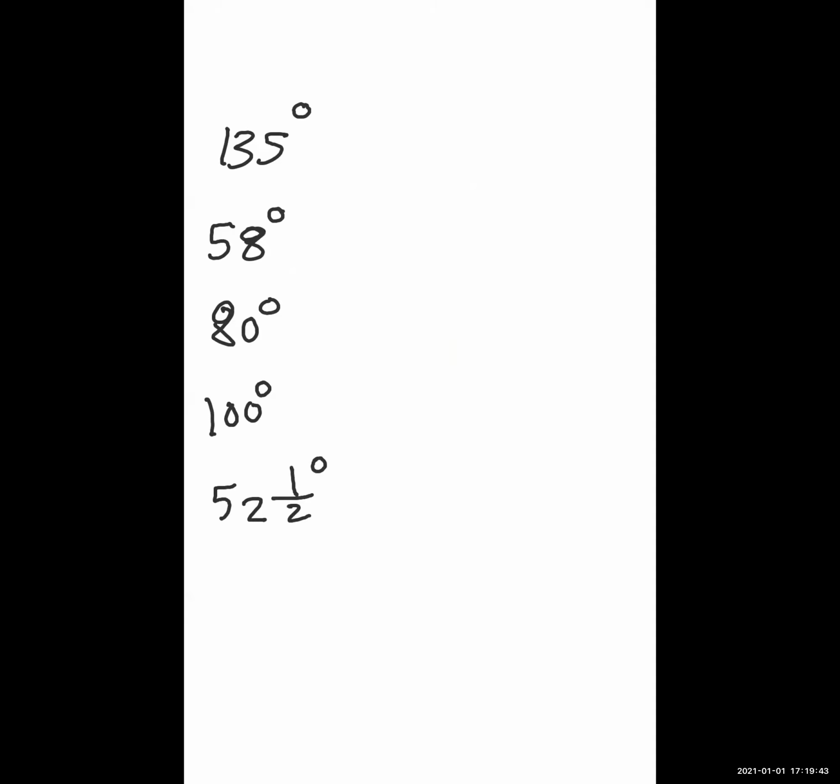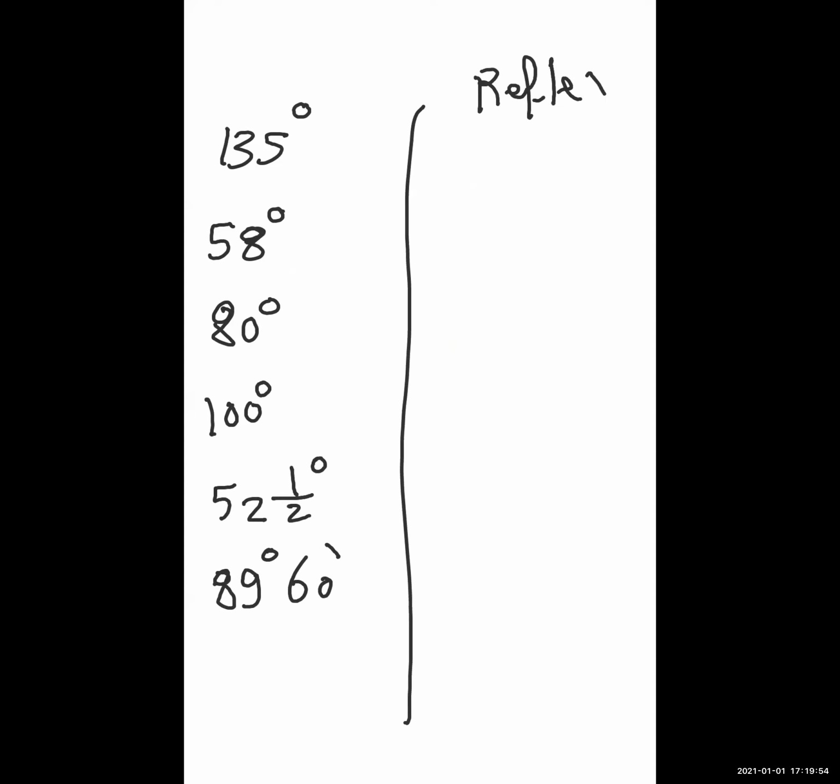And if it's 89 degrees and 60 minutes. Okay, I want to get the reflex. We said that, guys, reflex means 360. I will write it between two brackets, 360 minus the measurement of the angle.